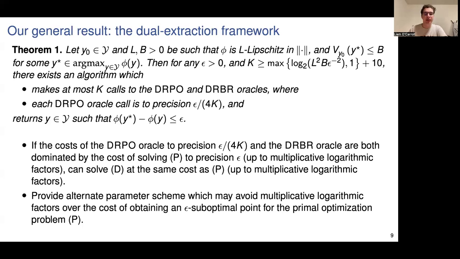And we actually give alternate parameter schemes, which in certain applications can avoid this multiplicative logarithmic cost over the cost of obtaining an epsilon optimal point for the primal optimization problem P, which you're typically going to incur if you just apply this theorem on this slide. And in particular, in our third application to computing stationary points, that becomes really critical. We use that alternate scheme to avoid additional multiplicative logarithmic factors to get an optimal complexity.